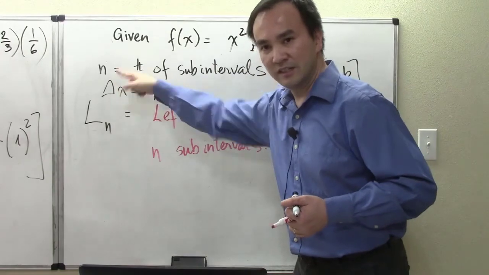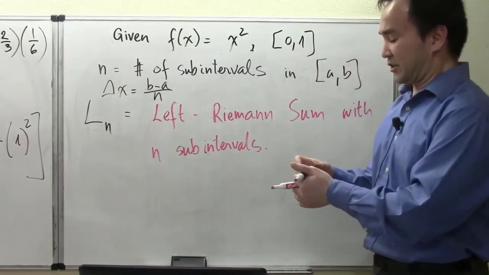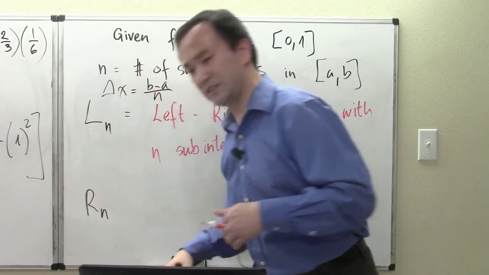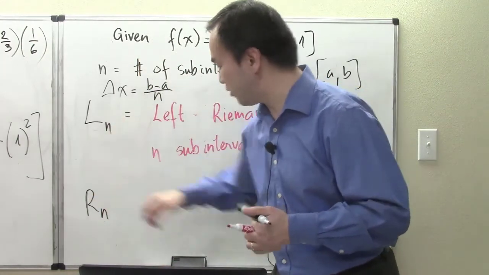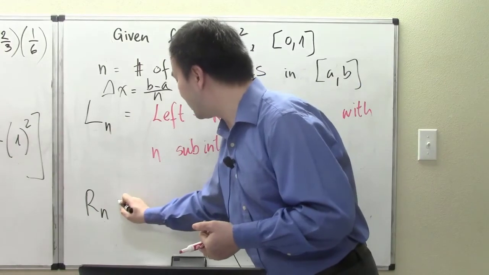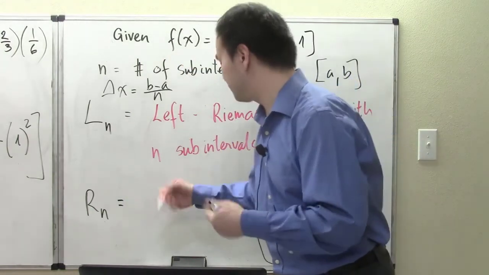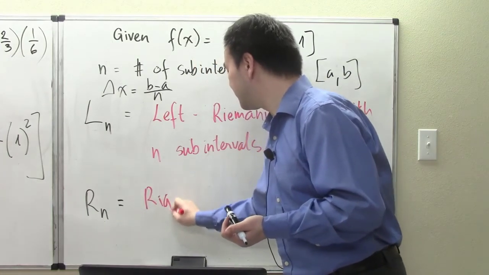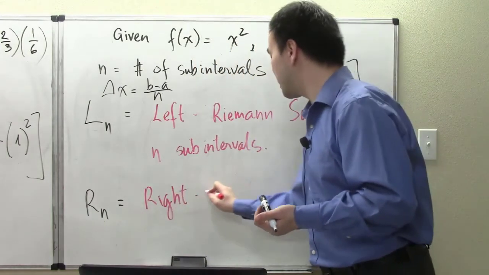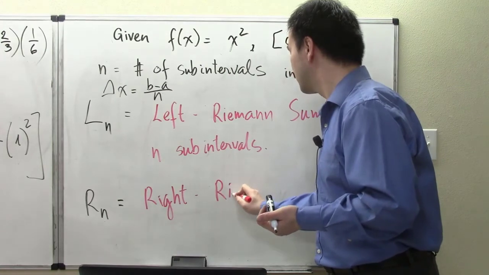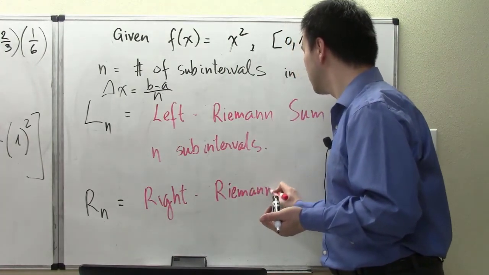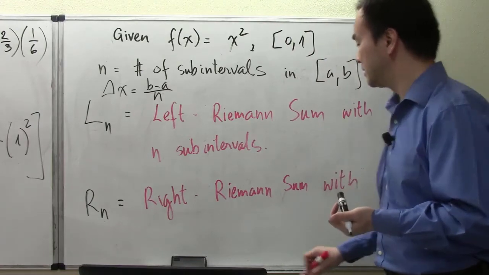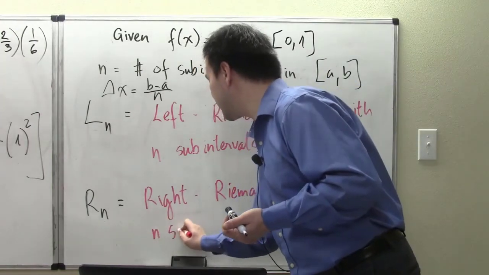Okay, and on the other hand, Rn is what we call the right Riemann sum, and we're doing that with, of course, n subintervals.